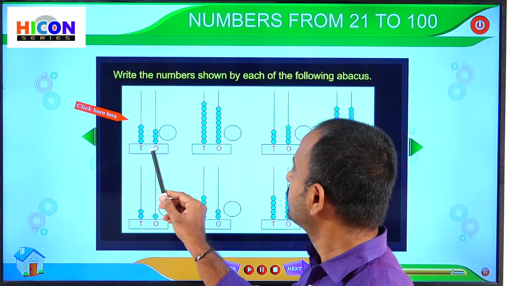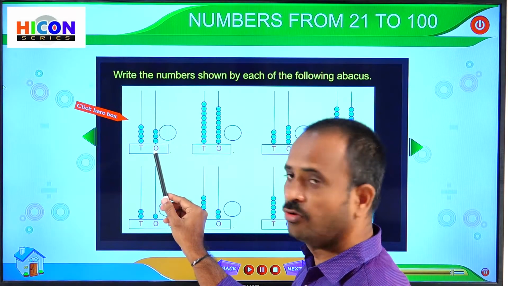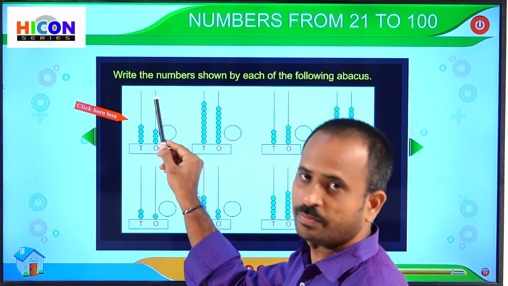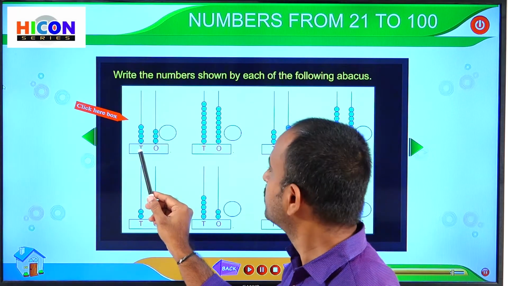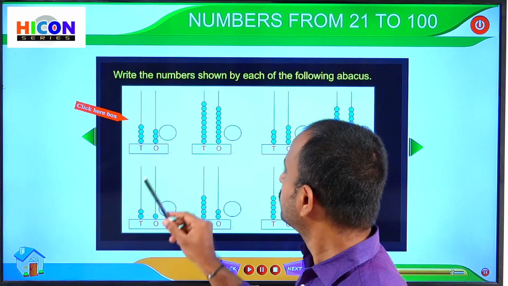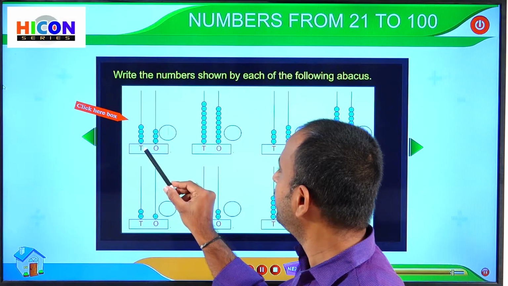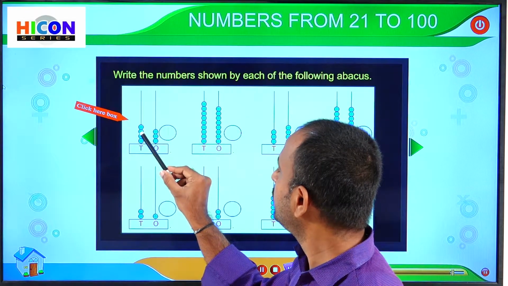Children, in this abacus there are 2 spikes. O means this is the ones place spike. T means this spike is the tens place spike. How many beads are there in the tens spike? 1, 2, 3, 4.